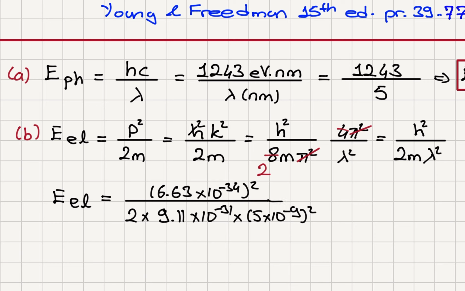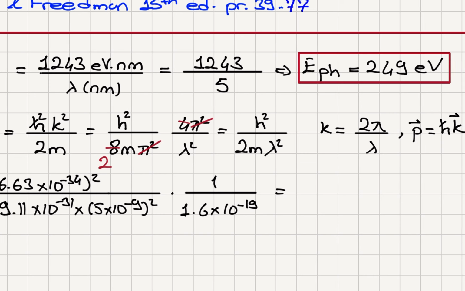And if I divide this number by the electron charge, 1.6 times 10 to minus 19 coulombs, I will have it in units of eV. So I obtain the electron energy to be 60.3 milli electron volts.